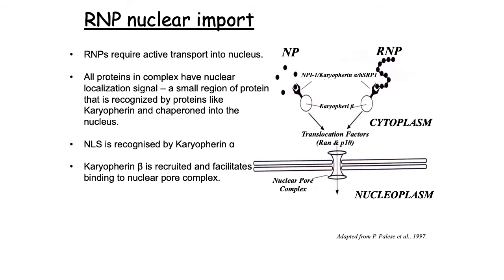And they're called RAN, and RAN is a GTPase, so it's actually going to use GTP and smash it in order to bring karyoferrin and the ribonucleoprotein into the nucleus, and a thing called P10, which is a small protein, which is a component of the nuclear pore complex.